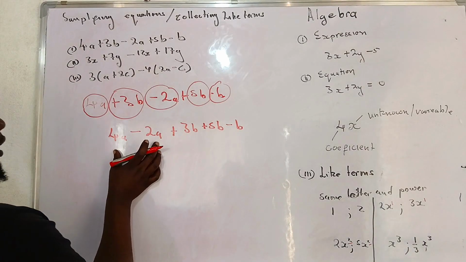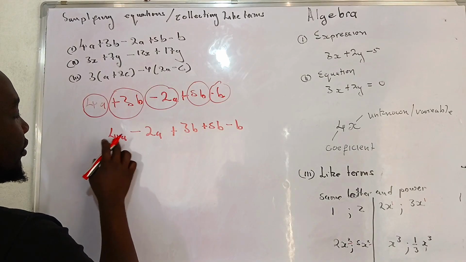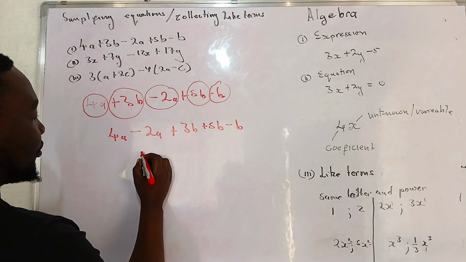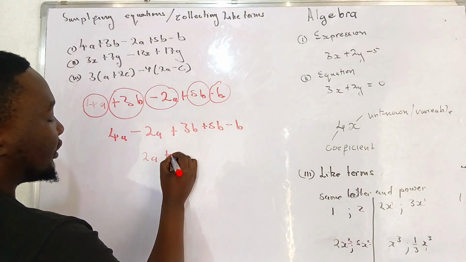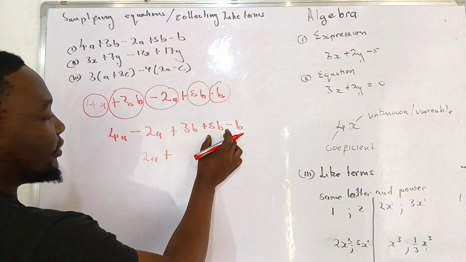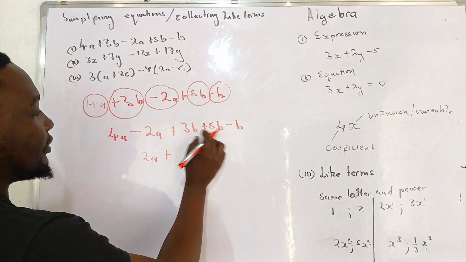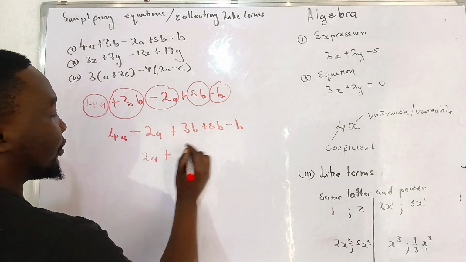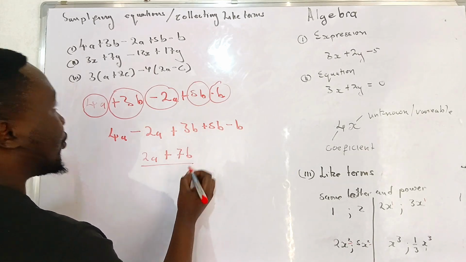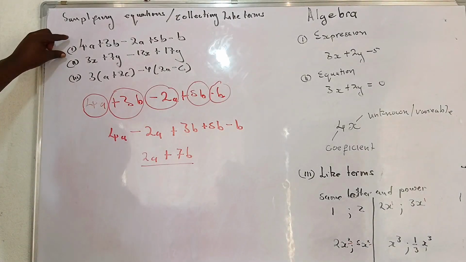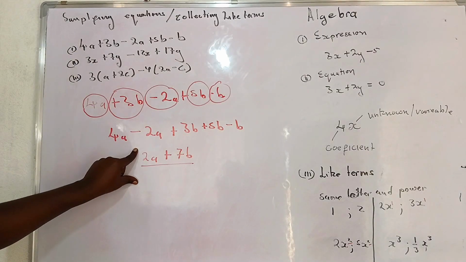So these are like terms. You just say 4 minus 2 remains with 2a, plus 3 plus 5, that is 8, minus 1. So you remain with 7b. So you have simplified an expression that looked like this into its simpler form.